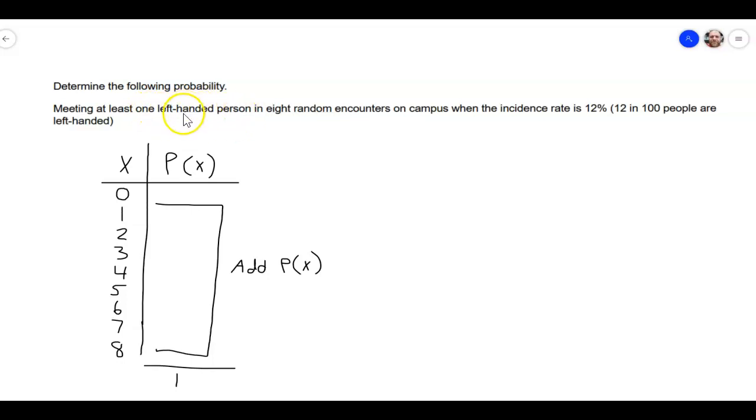Meeting at least one left-handed person. Well, what does this value here mean? This means meeting no one left-handed. The X means that 0 of the people that we met were left-handed.